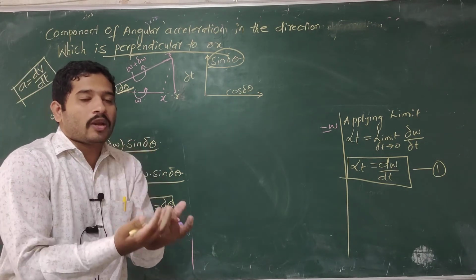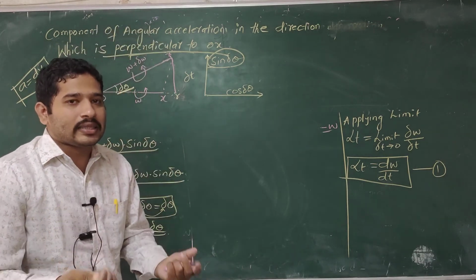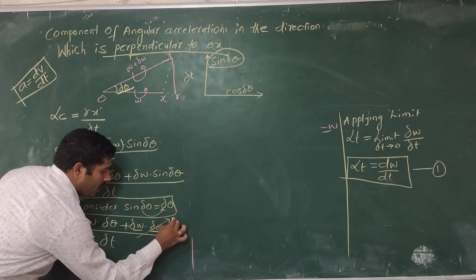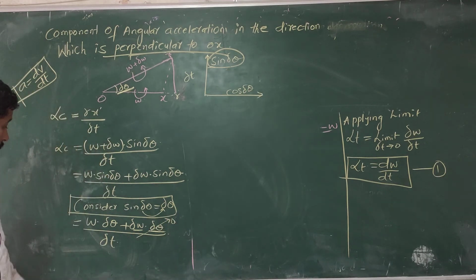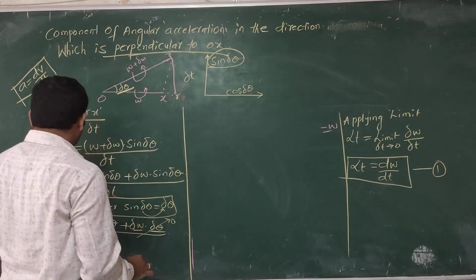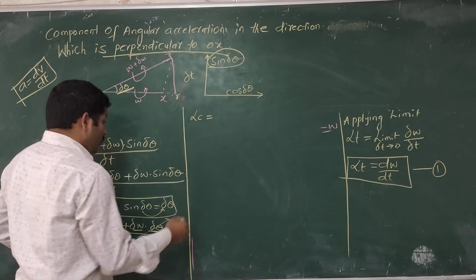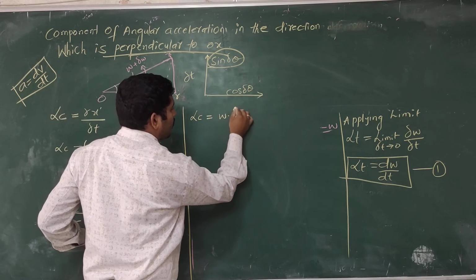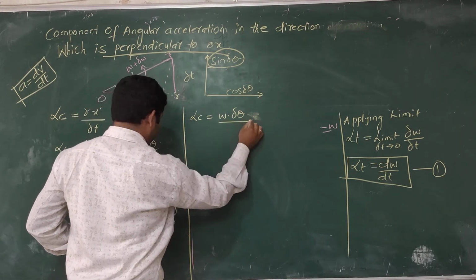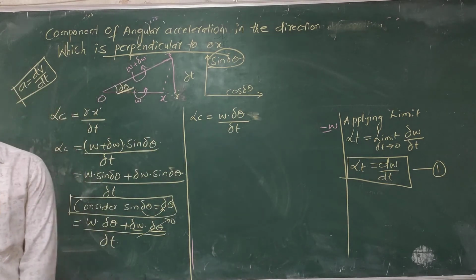If it is a smaller one, then we need to neglect it, or it will be considered as 0 only. Here we are considering it as 0. Then we represent alpha c equal to omega into delta theta by delta t.